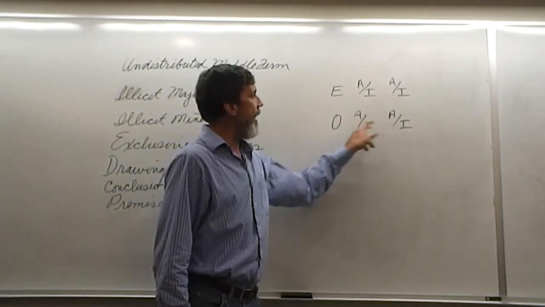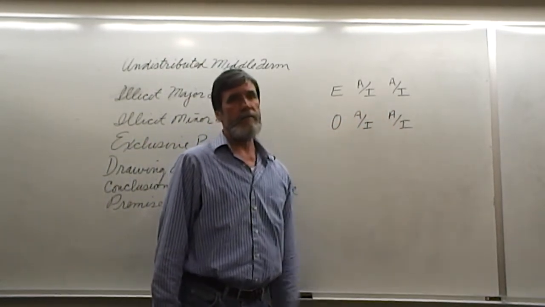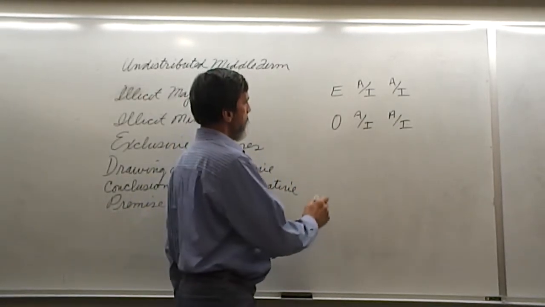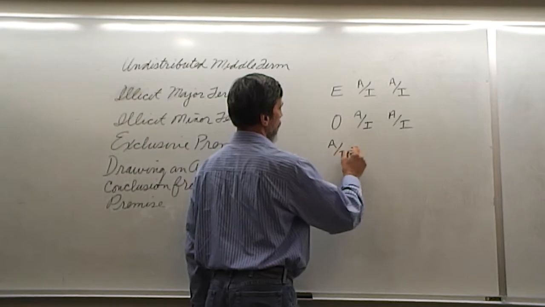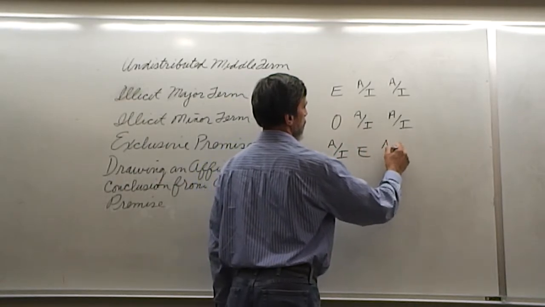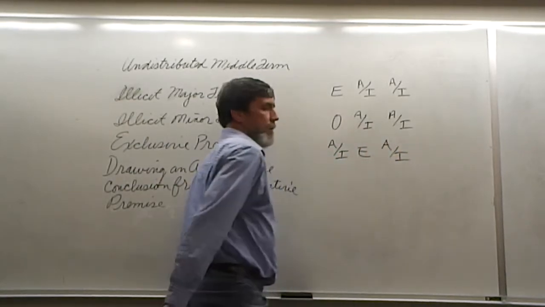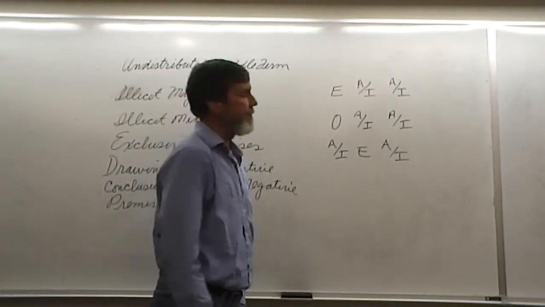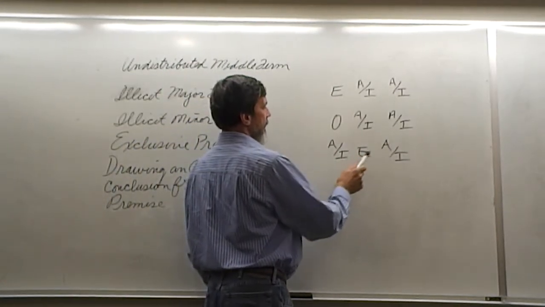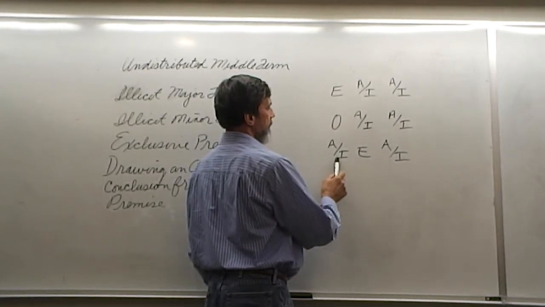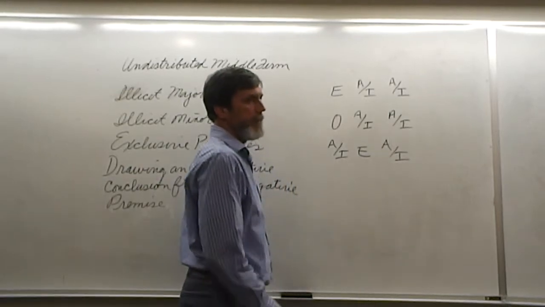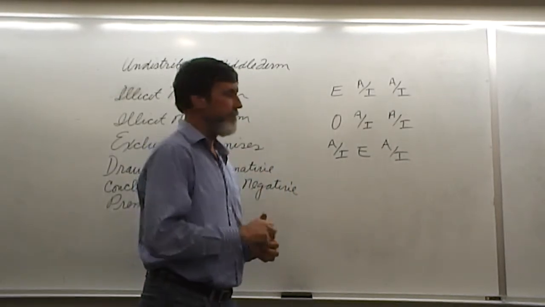OAA, OAI, OIA, OII. So we've got 8 moods represented there. There's more. 4 more moods, all committing this fallacy. AEA, AEI, IEA, IEI. And one more.